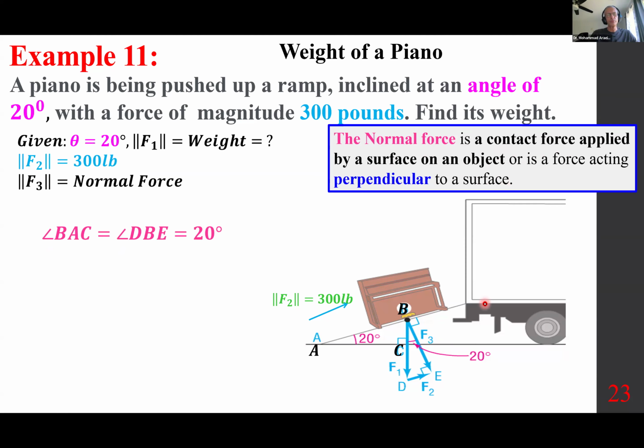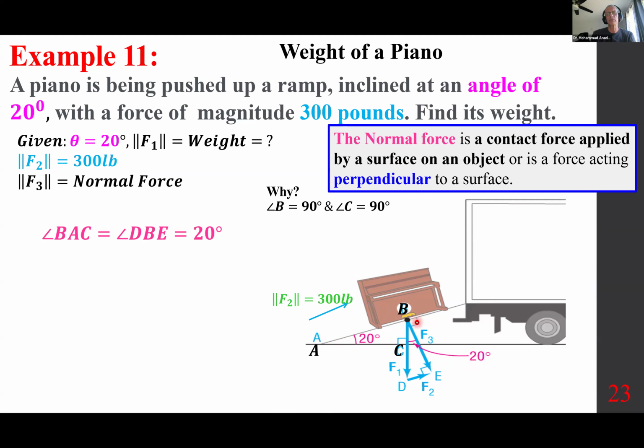So the angle BAC, this angle, and DBE, this angle, they are both the same. They are both 20 degrees. Why is that? Well, this angle is 90 degrees, everybody.